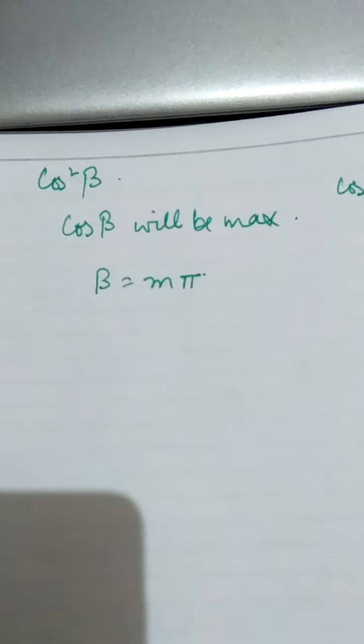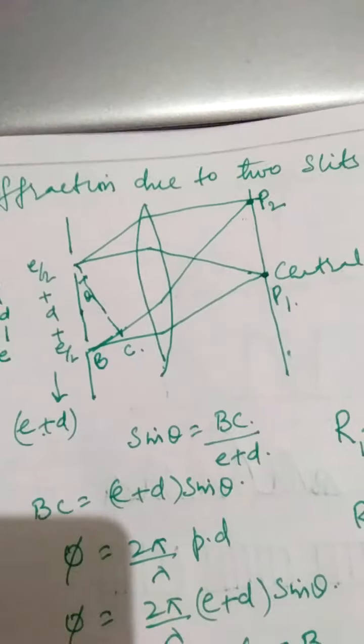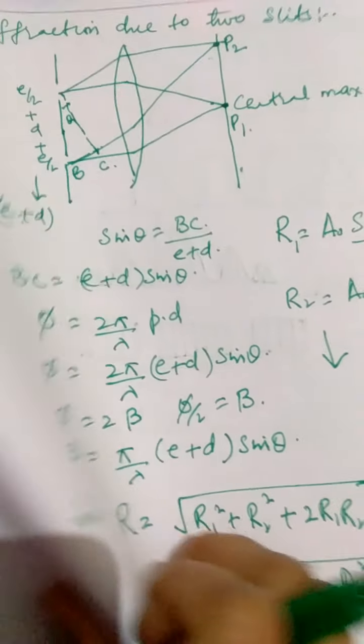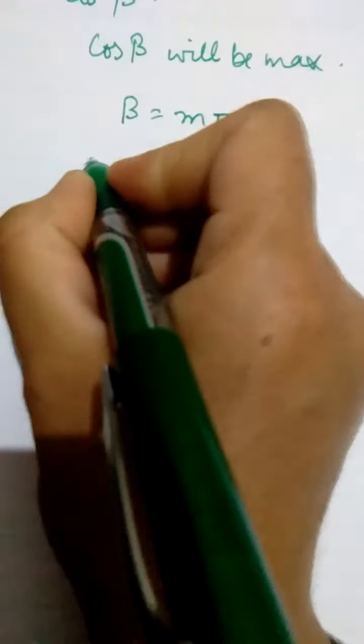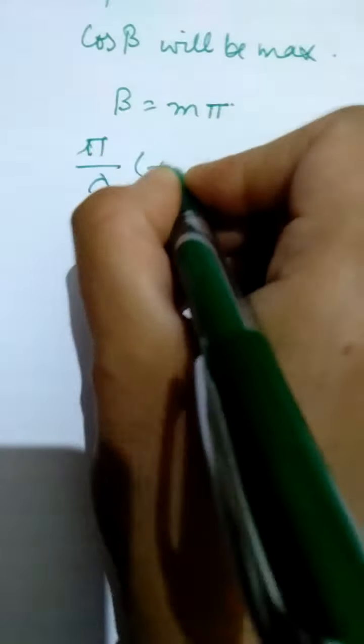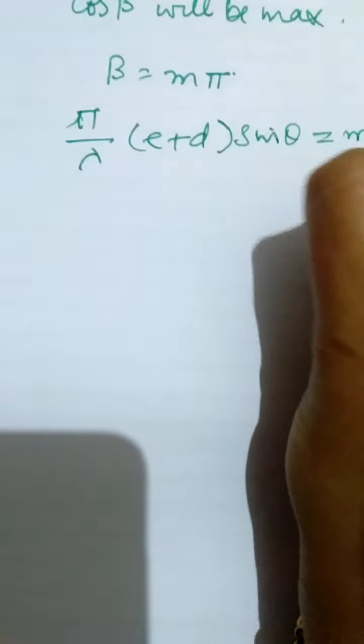Now what is this beta? You have already found it. That beta is pi by lambda (e plus d) sine theta. So pi by lambda (e plus d) sine theta is equal to m pi.